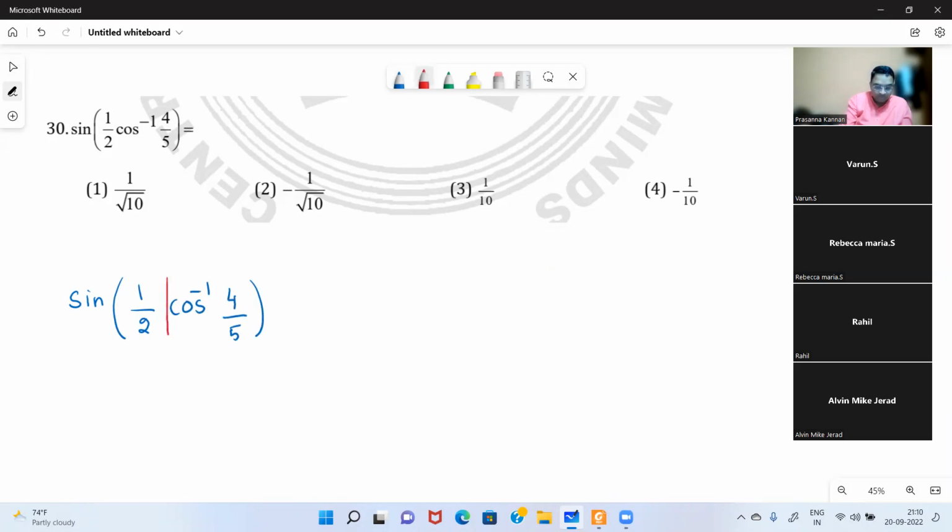Now what you need to do is, let cos inverse 4 by 5 be equal to angle theta. Then what is cos theta equal to?